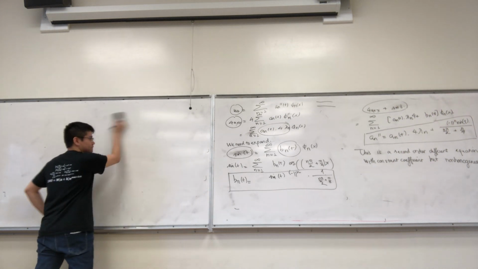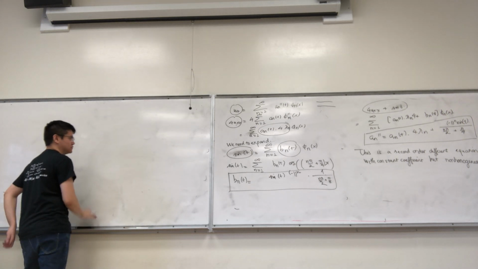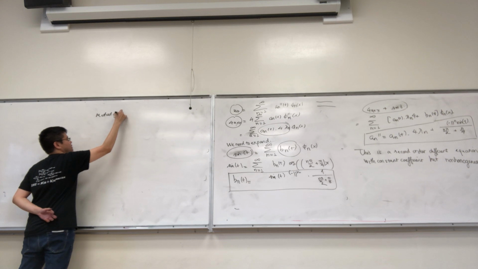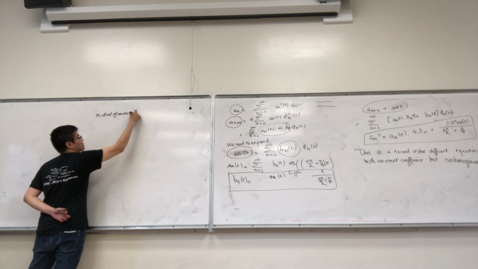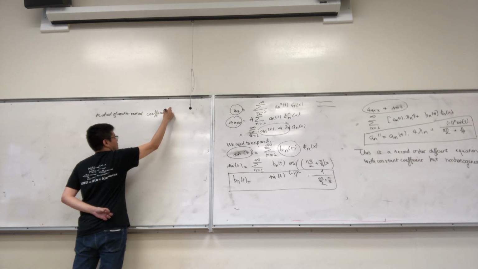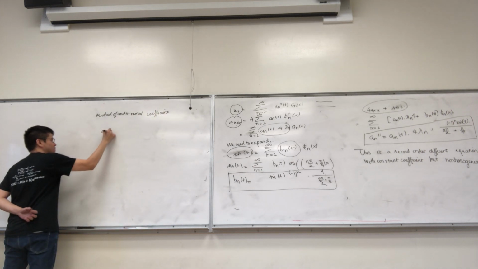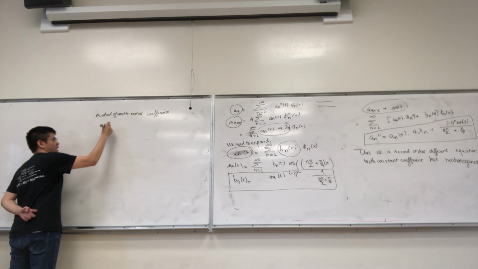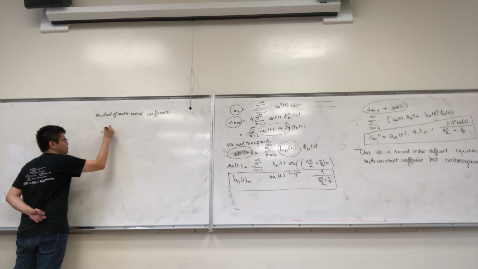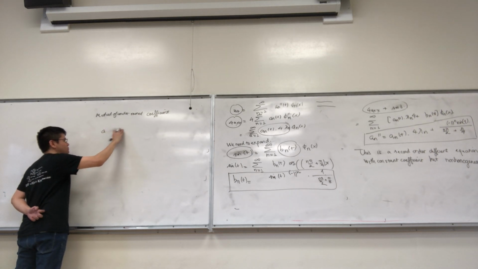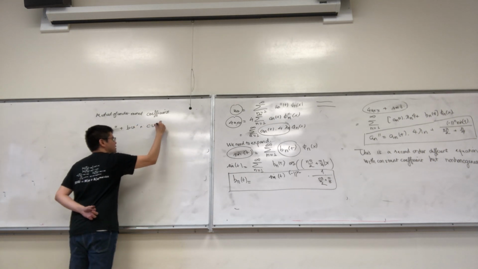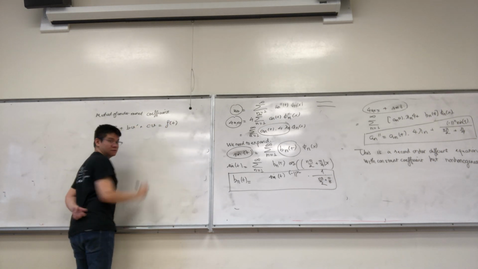So the method of undetermined coefficients is the following. When you have a differential equation of the type a v second plus b v prime plus c v is f(t).